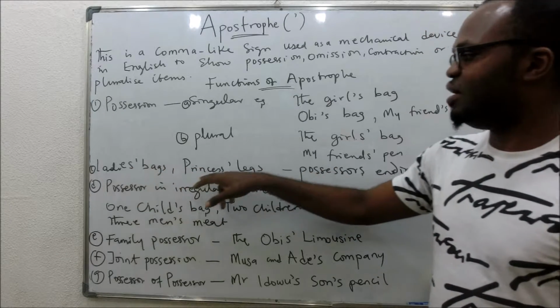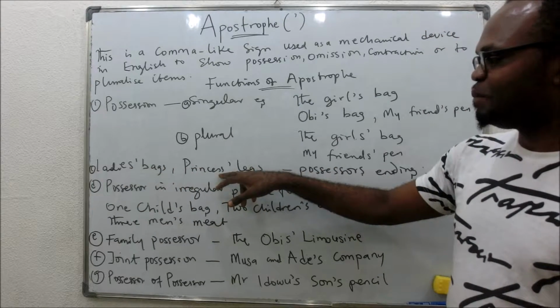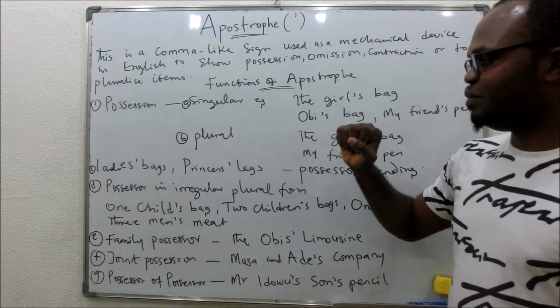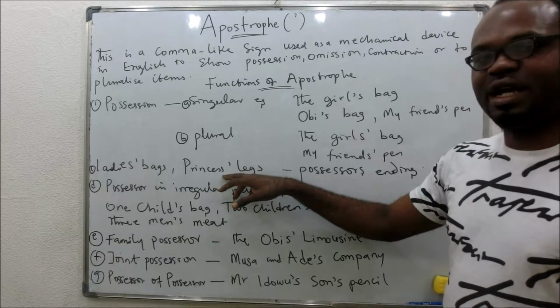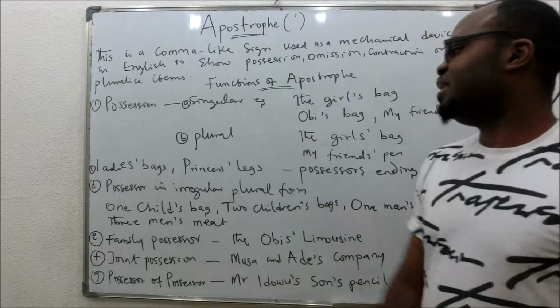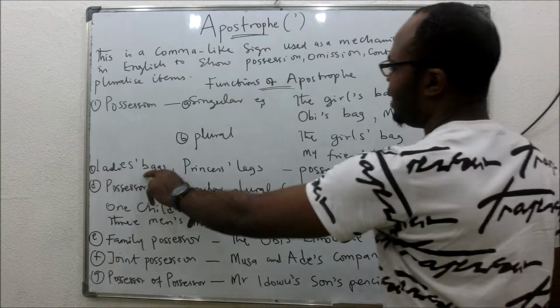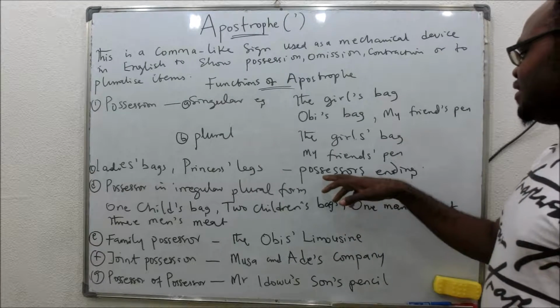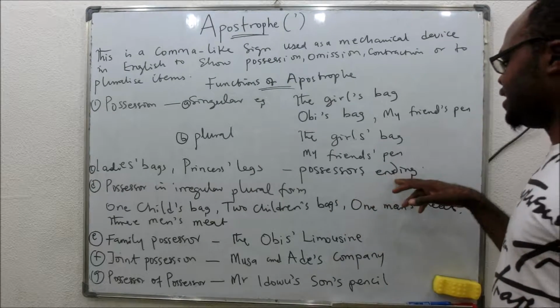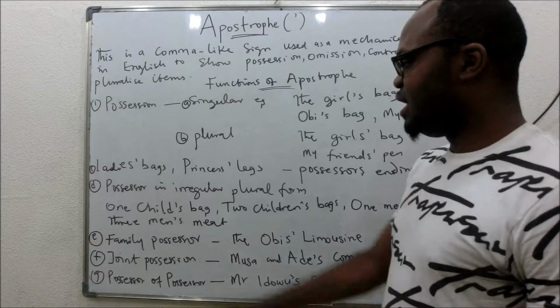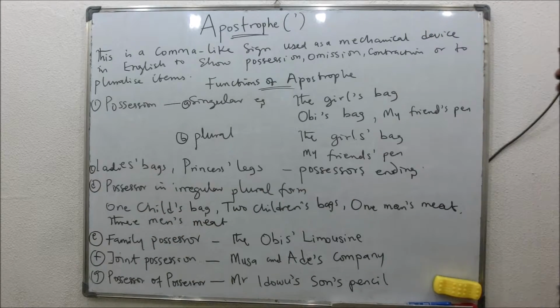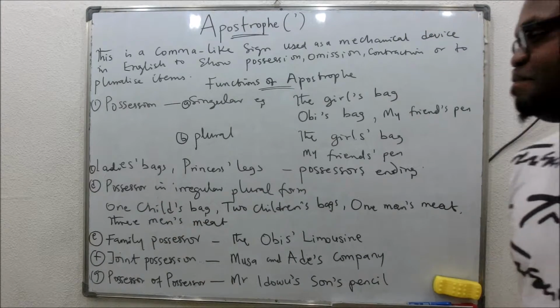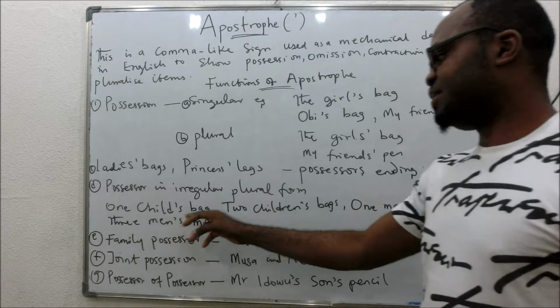All these words already have S. So if you want to pluralize them, you don't need to put extra S. Just put apostrophe in front. So we have ladies' bags, princesses' legs. So those are for possessors ending in S. Very, very important.